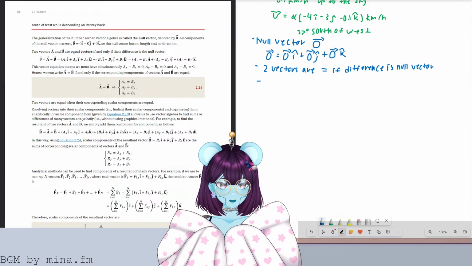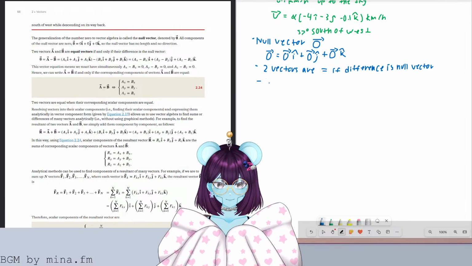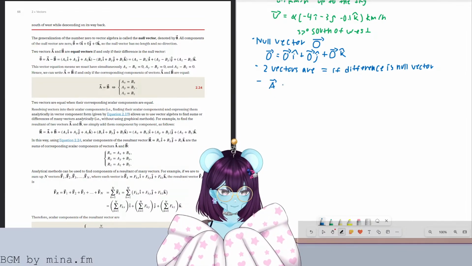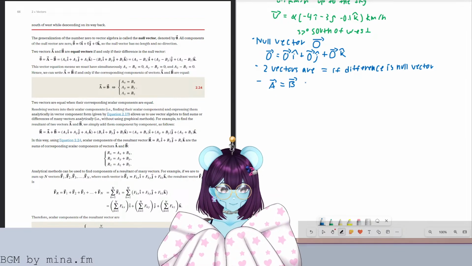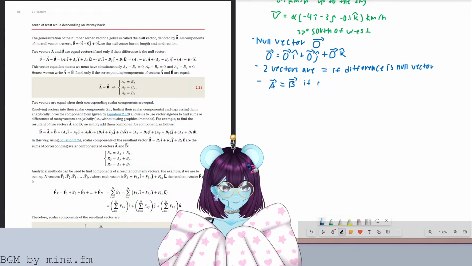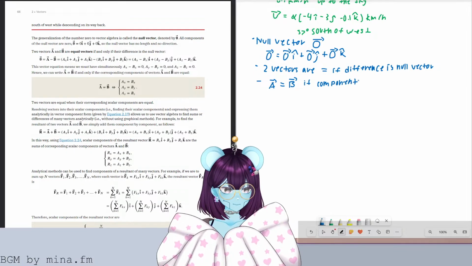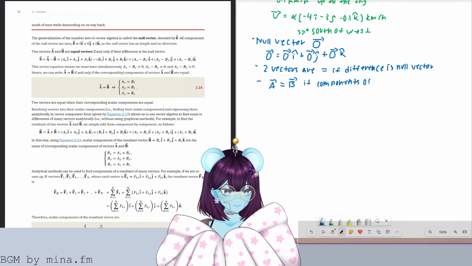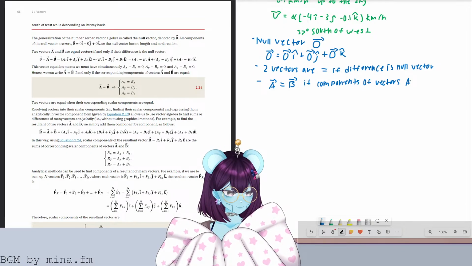So, vector a is equal to vector b if corresponding components of vectors a and b are equal.